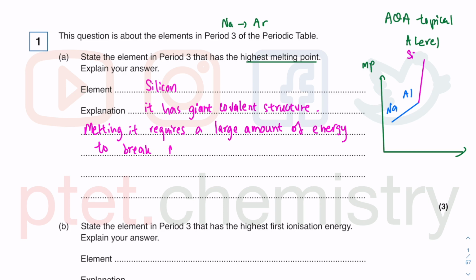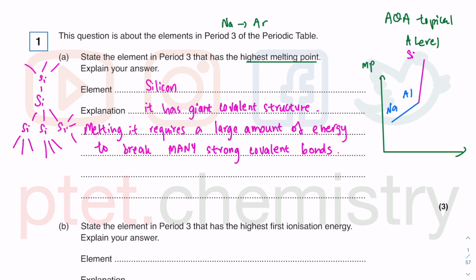We are breaking many strong covalent bonds, and these are extensions of the concept you have learned at IGCSE or O-level chemistry. This is the covalent bond between the silicon atoms, because in the structure of silicon, just like in diamond, each silicon is bonded to 4 silicon, and in turn each of those is bonded to 4 other silicon in the giant covalent structure.